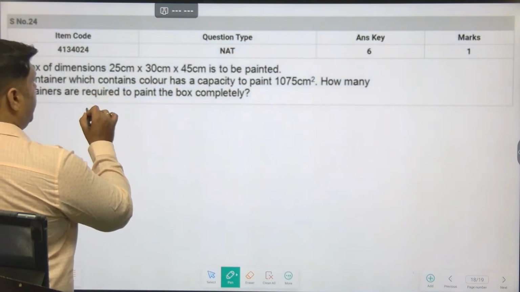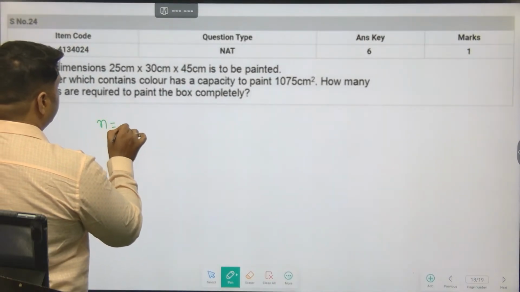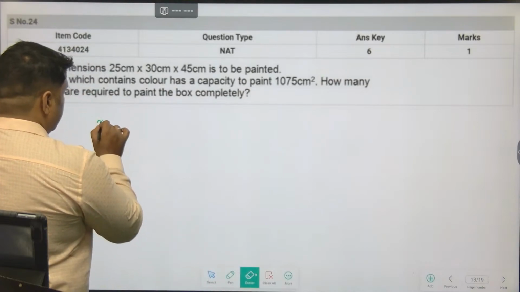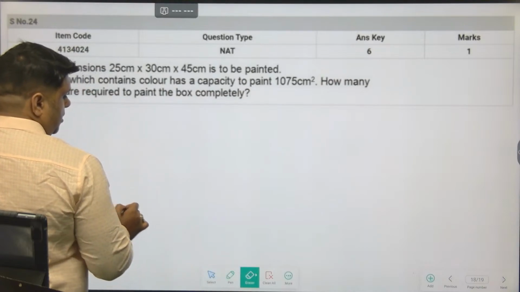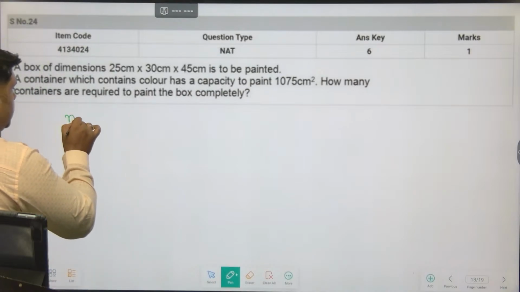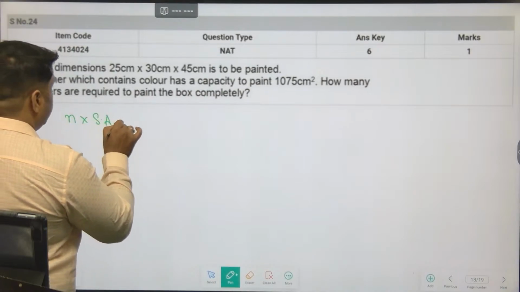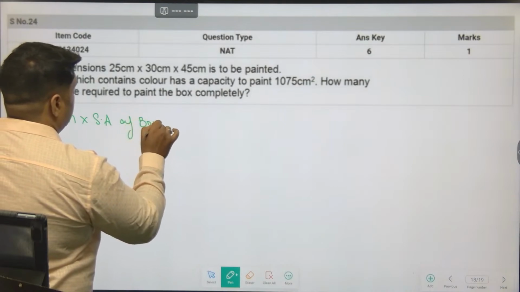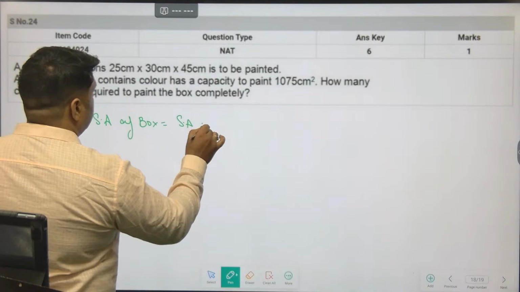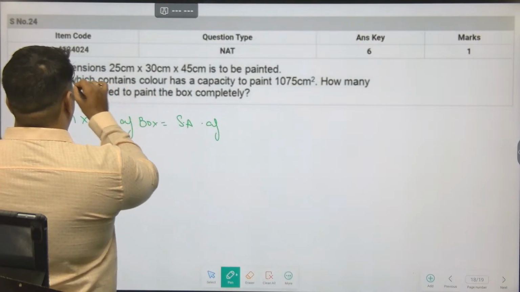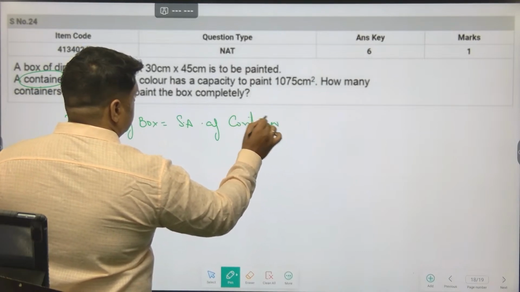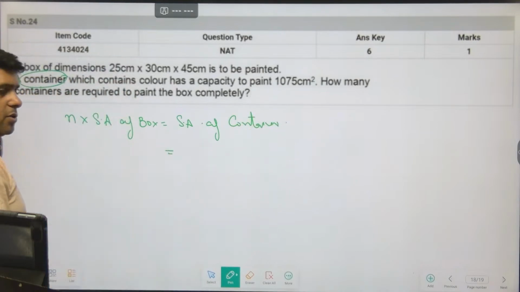Okay, so simple. For the box, how many containers, n into, this time instead of the volume he is using surface area. So n into surface area of box must be equal to surface area of container. Okay, so this is the formula which we are going to use now.